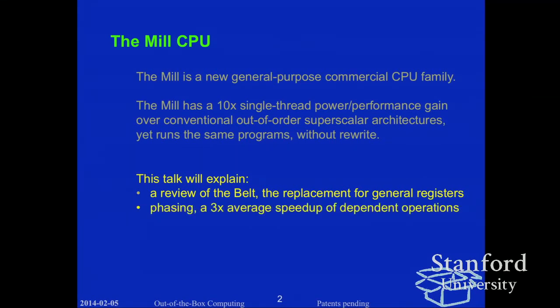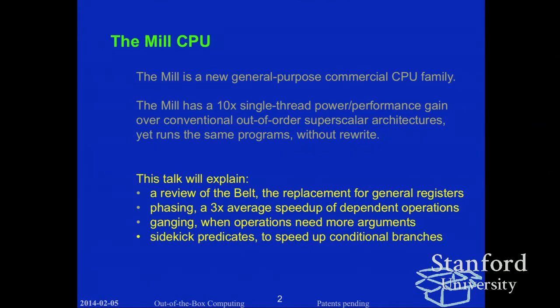Given that as a background, I'll talk a bit about how phasing permits us to triple the effective ILP, instruction level parallelism, of existing codes, and how we are able to combine the computational capacity of the machine so as to support novel operations that a conventional machine cannot do.